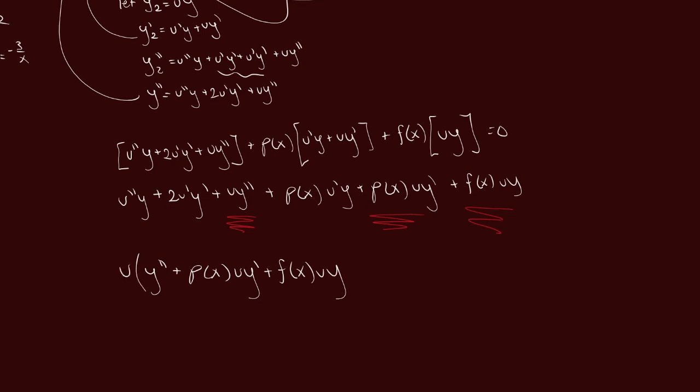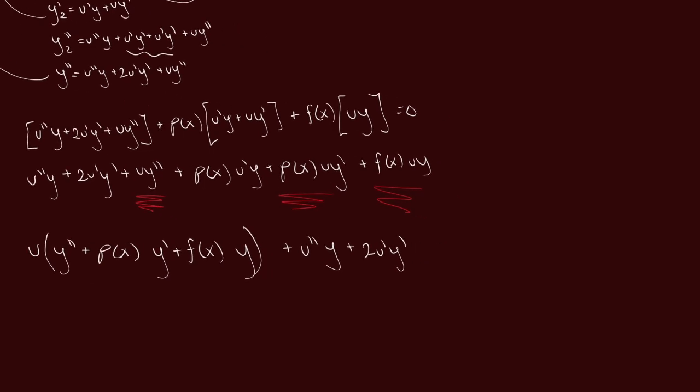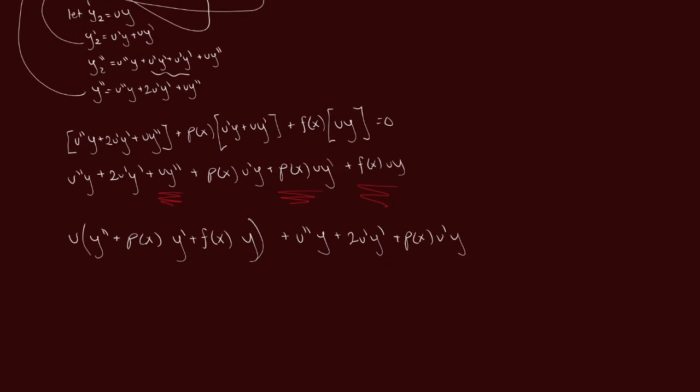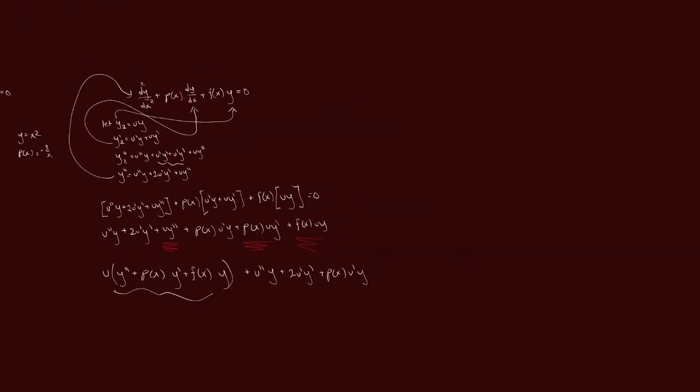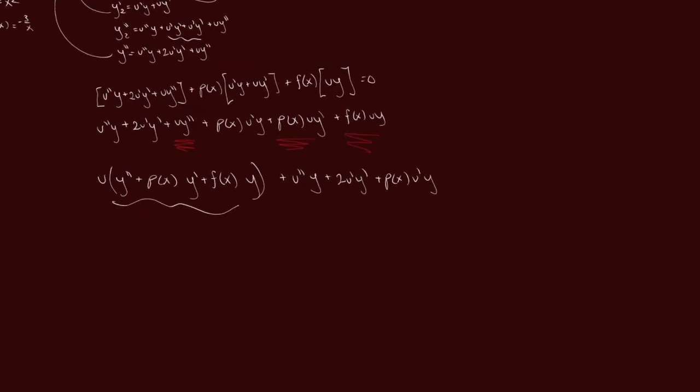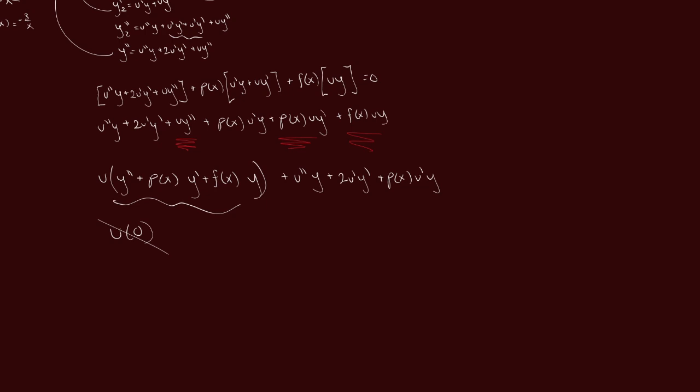Let me factor the u from all of this, and then put everything else: u double prime y plus 2 u prime y prime plus p of x u prime y. Notice this is in the same format as y double prime plus p of x y prime plus f of x y equals 0. See how it's all equal to 0? So this will just be 0. So now we can just focus on the rest.